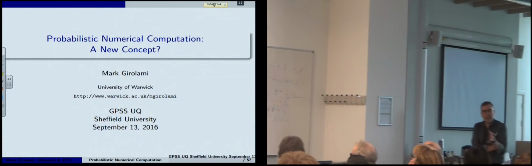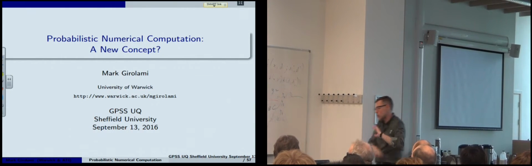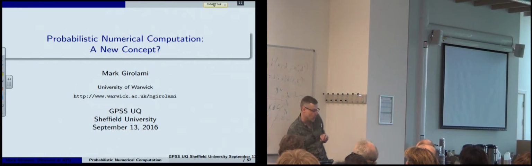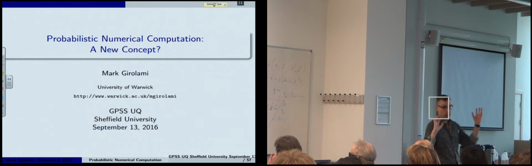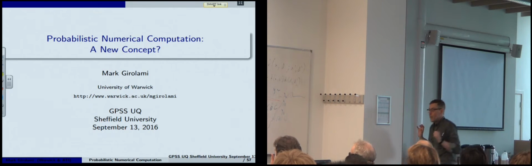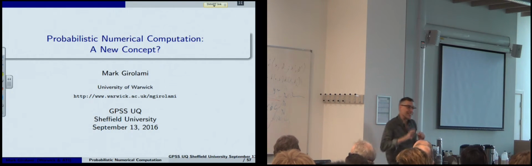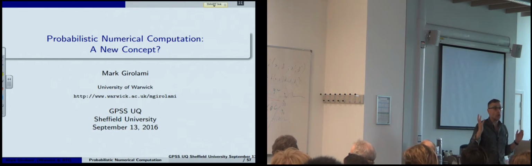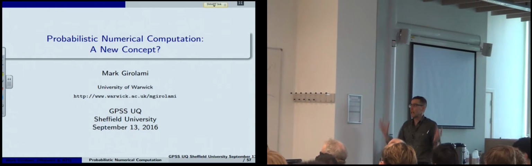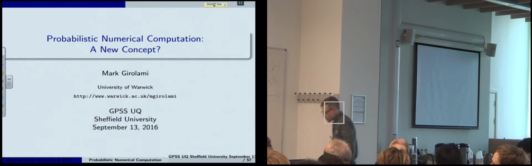And it fits really nicely into the summer school because it takes a combination of uncertainty quantification and a lot of the technical things that you've been learning about Gaussian processes and puts them all together.